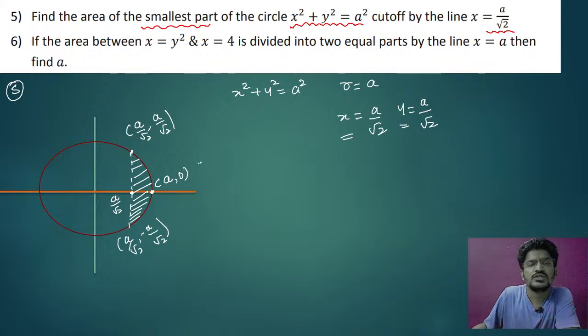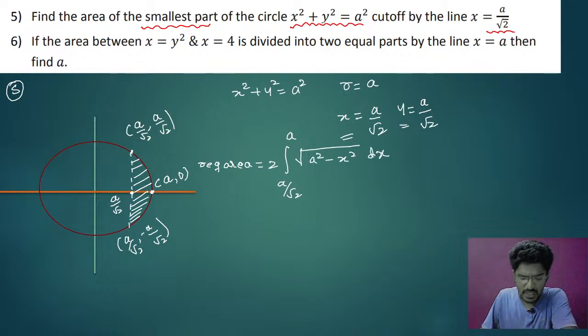Clear? So now required area will be equal to 2 times of the integral from a by root 2 to a, square root of a square minus x square with respect to dx. You have to be very careful while solving the answer.